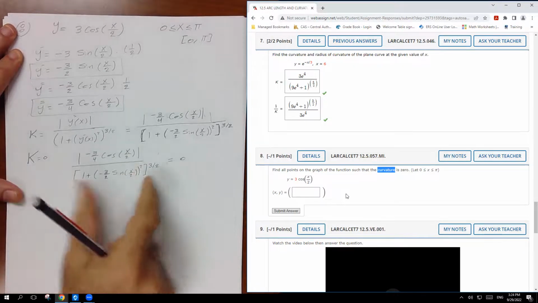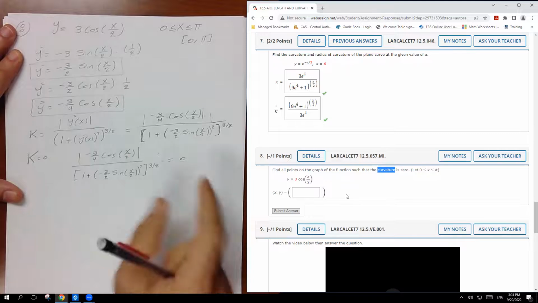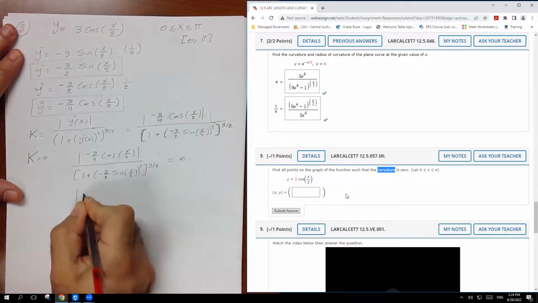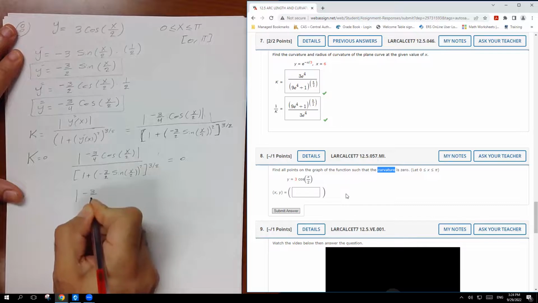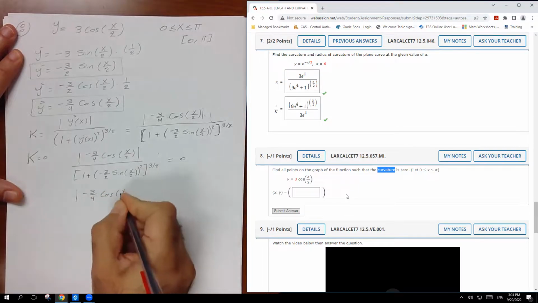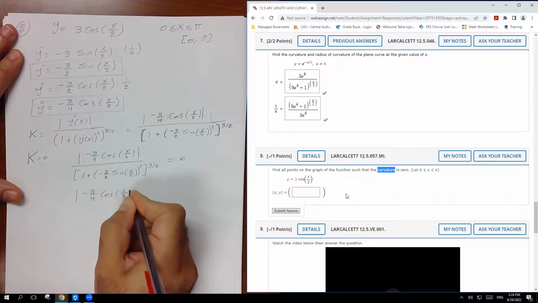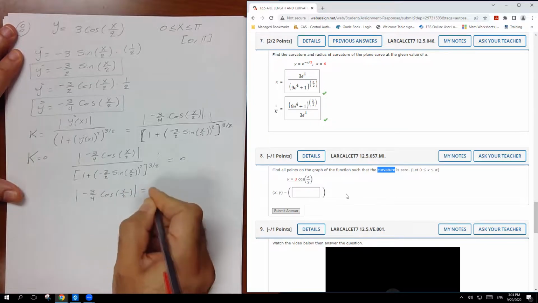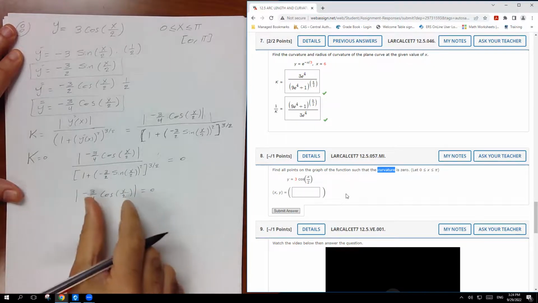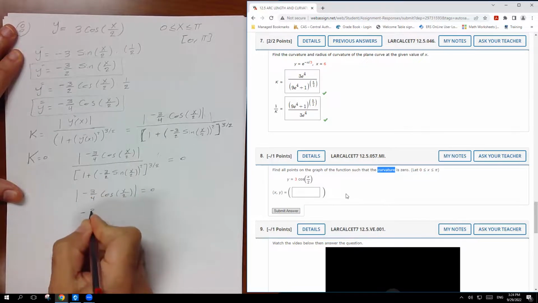This fraction equals 0 if and only if the numerator equals 0. So it's going to be the absolute value of 3 over 4 cosine x over 2 equals 0. The absolute value equals 0 if and only if everything inside equals 0.